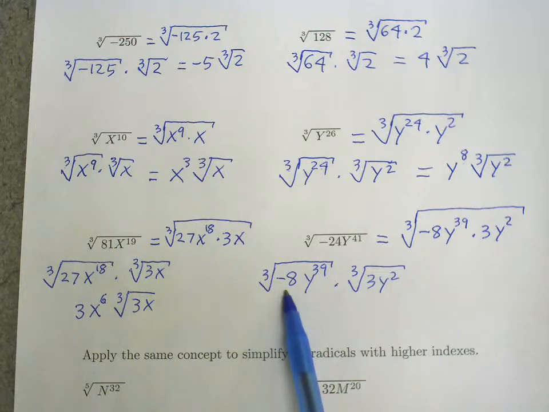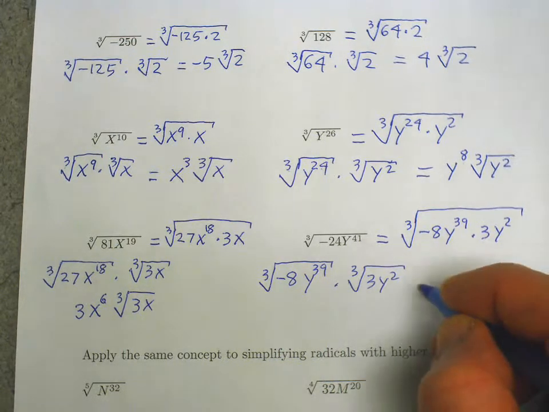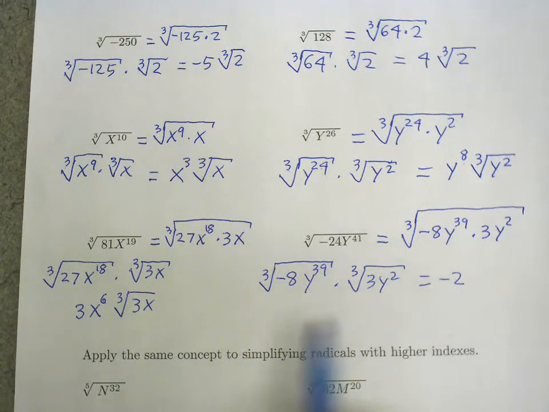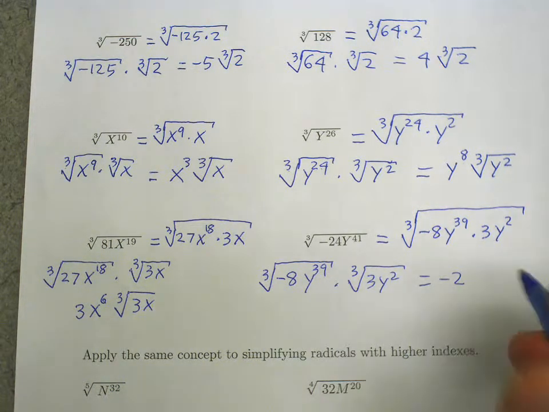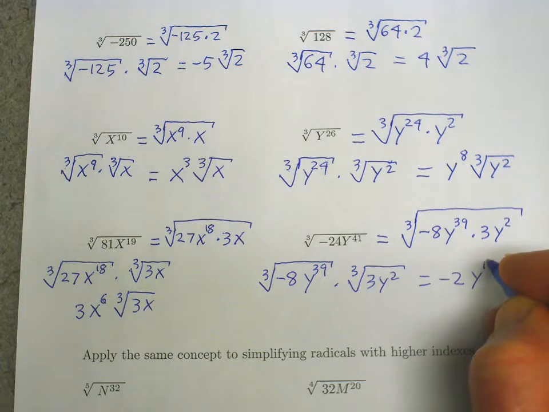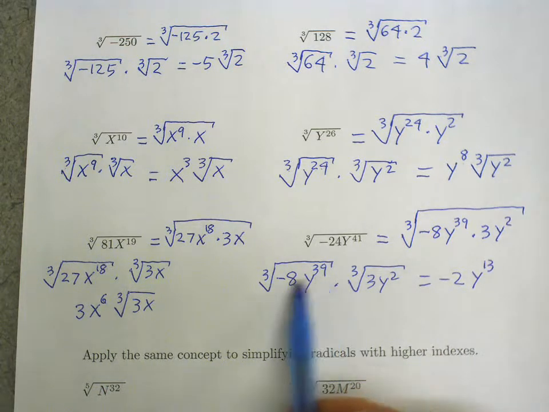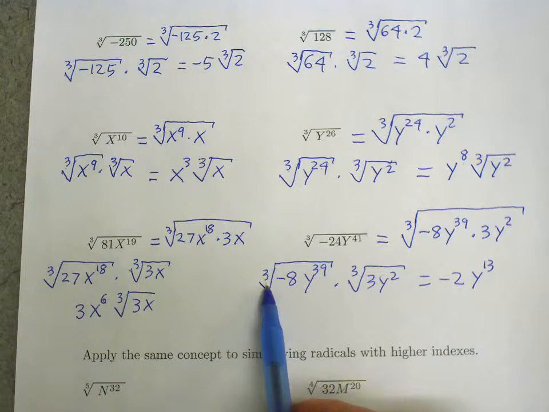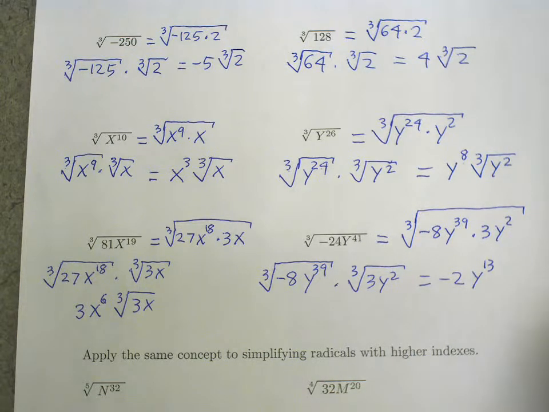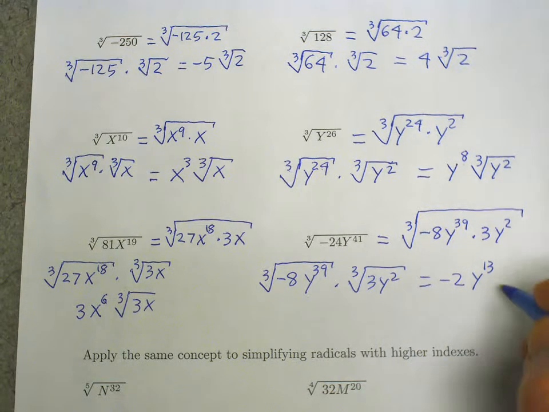The cubed root of negative 8 is negative 2. And the cubed root of y to the 39th is y to the 13th, because 39 divided by the index is 13. And then we have negative 2 times y to the 13th times the cubed root of 3y to the 2nd.